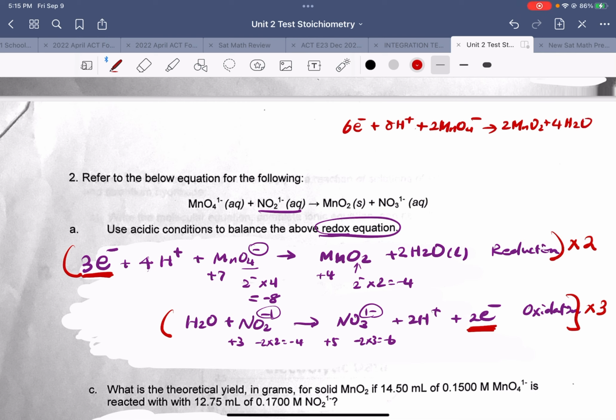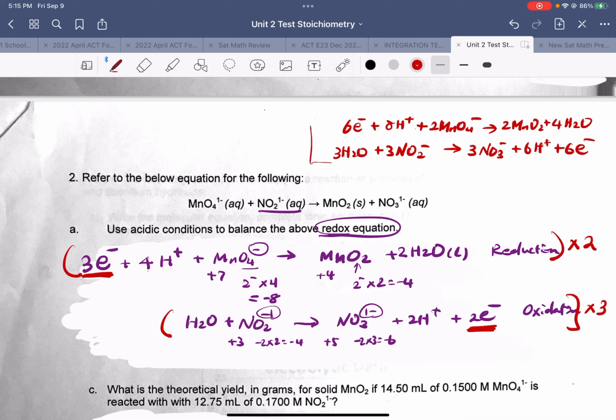Okay, and the other one, when you multiply by 3, so 3 H2O plus 3 NO2-, that will be 3 NO3- and plus 6H+ and 6 electrons.